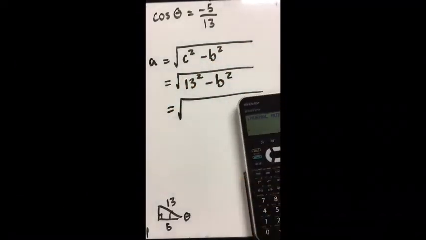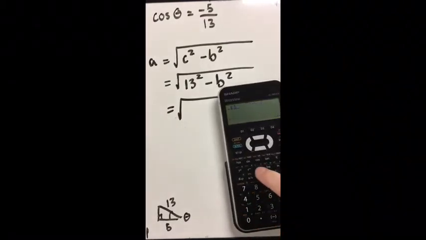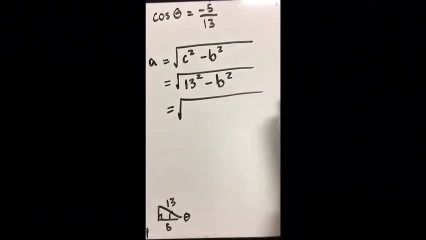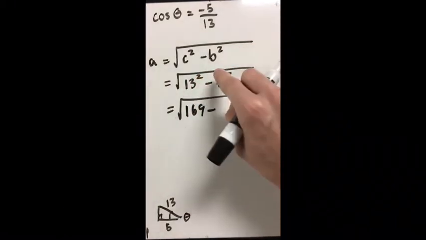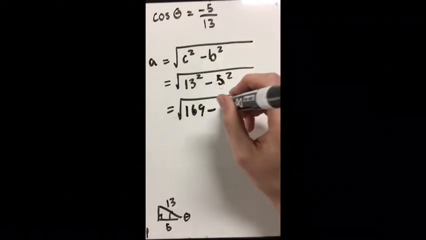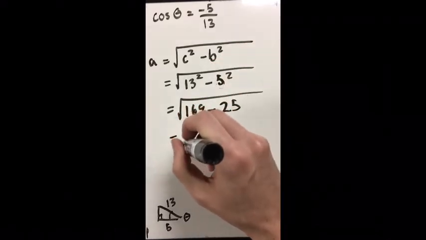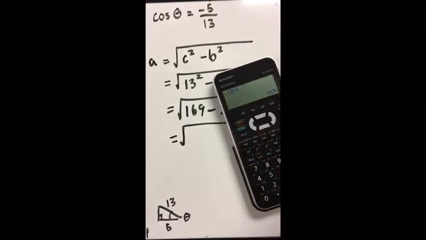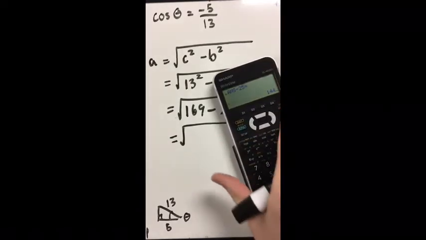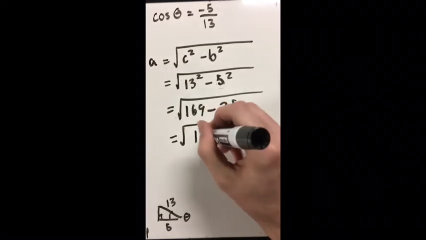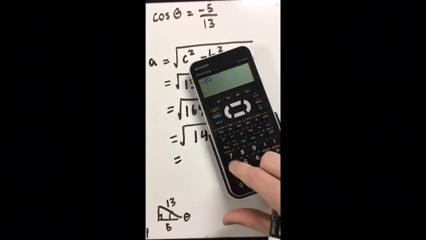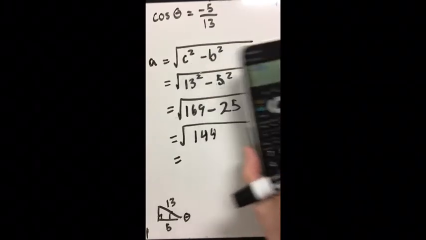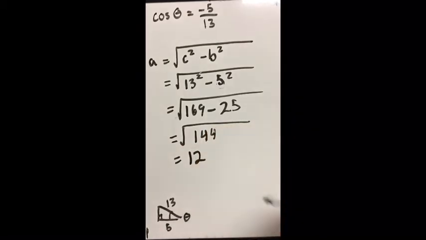We can continue to solve this, bring up the calculator. 13 squared is equal to 169, minus 5 squared, which we know is 25. 169 minus 25 is equal to 144. And the root of 144 is equal to 12. Therefore, the final side length on our triangle is 12.